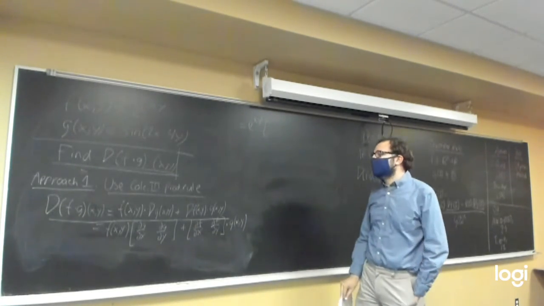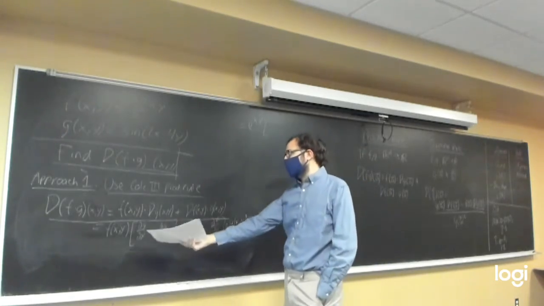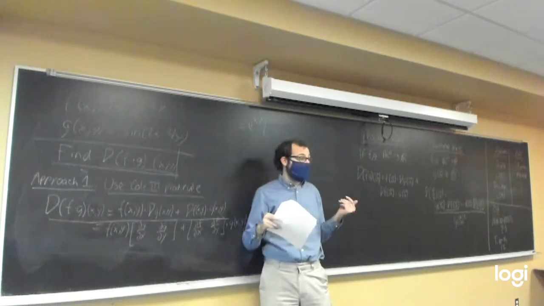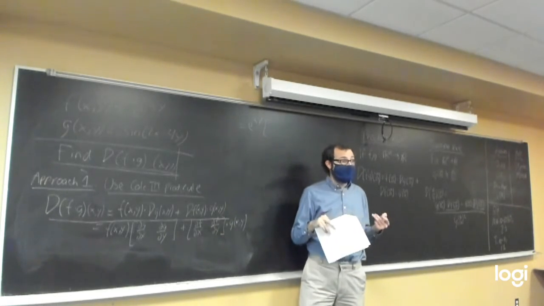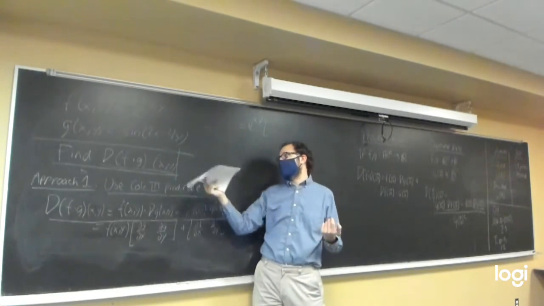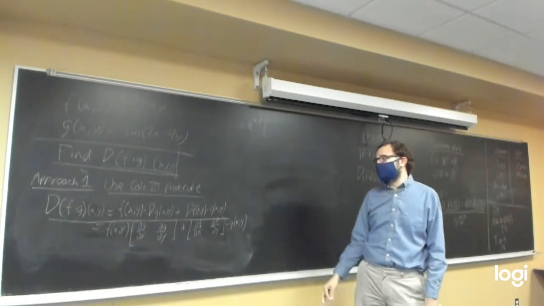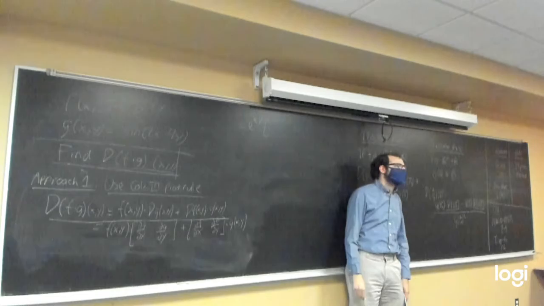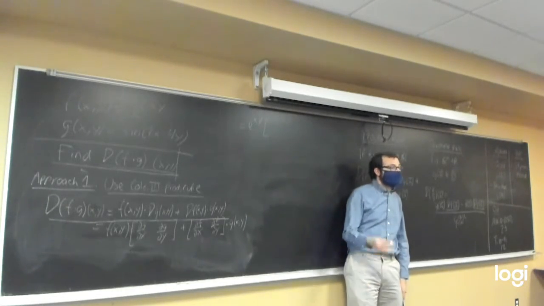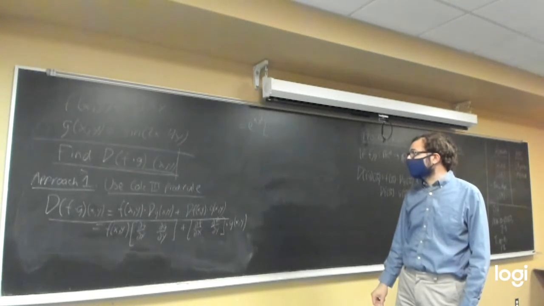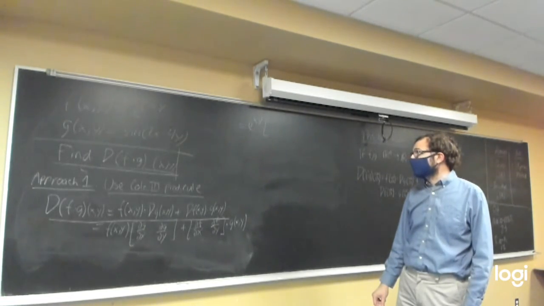If we wanted to differentiate g with respect to x, meaning we're taking the partial derivative of sine of 2x minus 4y with respect to x, so treating x as our variable, y as a constant, what would we get? Would it be 2 cosine 2x minus 4y?